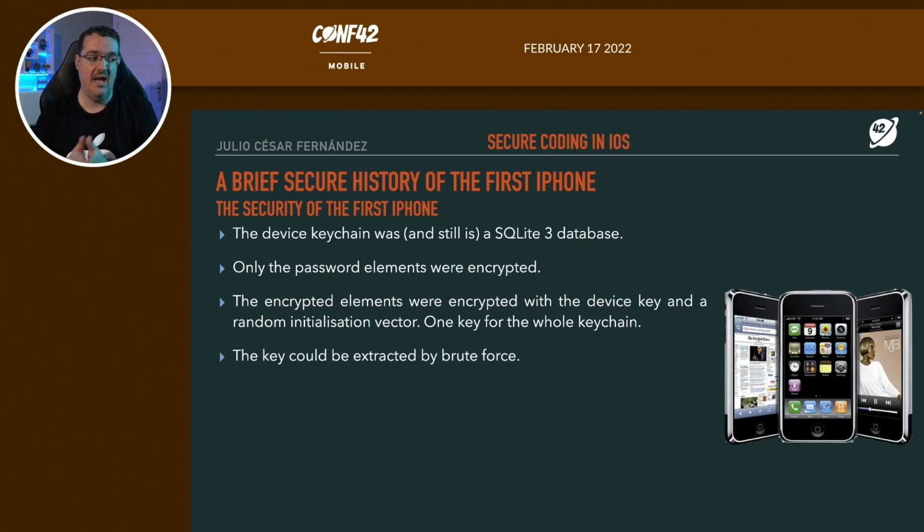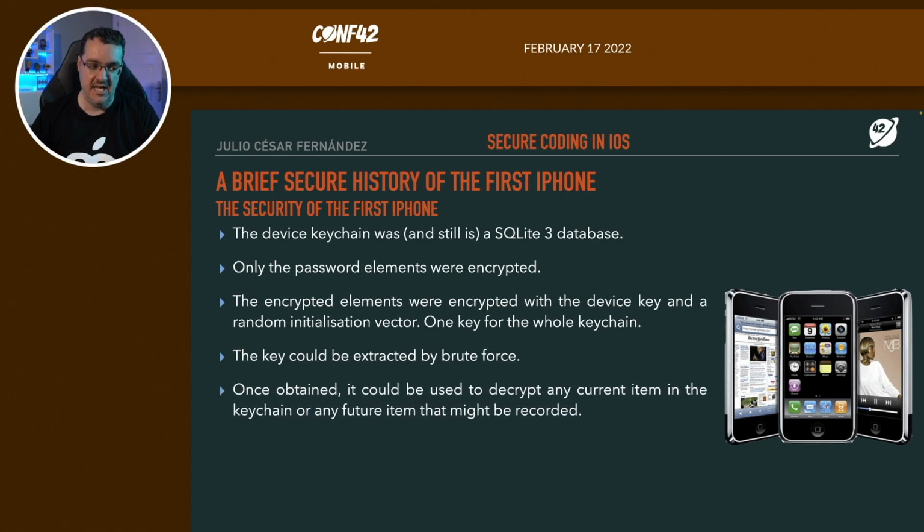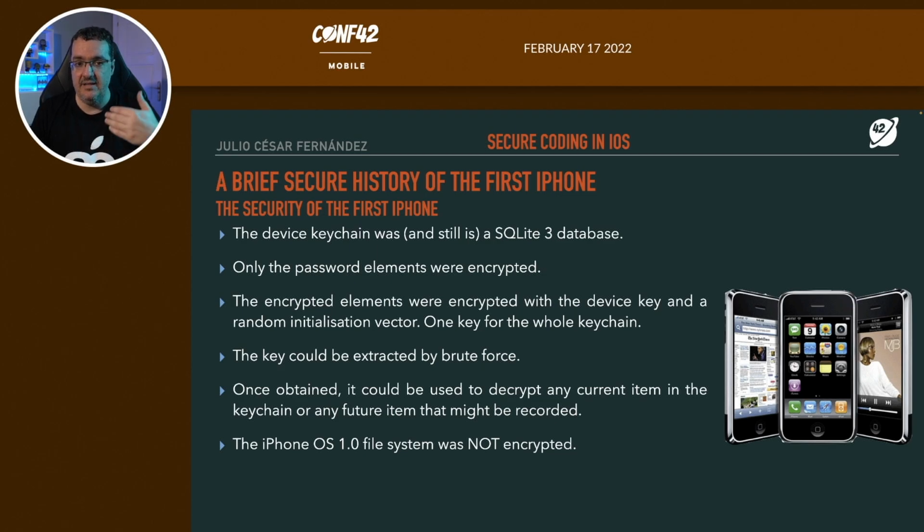If you make a brute force attack, you could extract the key and access all the keychain items, and not only the items in the keychain, also the future keys in the keychain could be extracted if you make this brute force attack on this single key. I repeat, only for the password elements. The others are recorded in the keychain in plain text format.